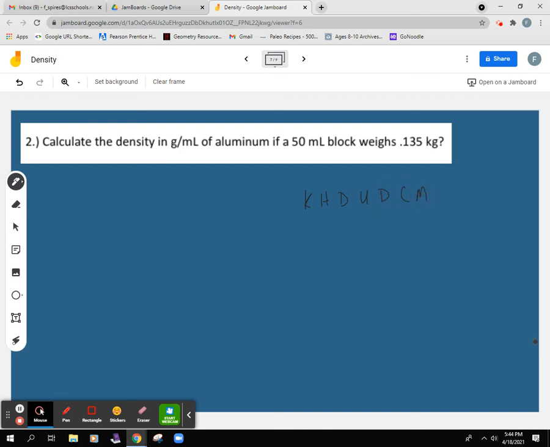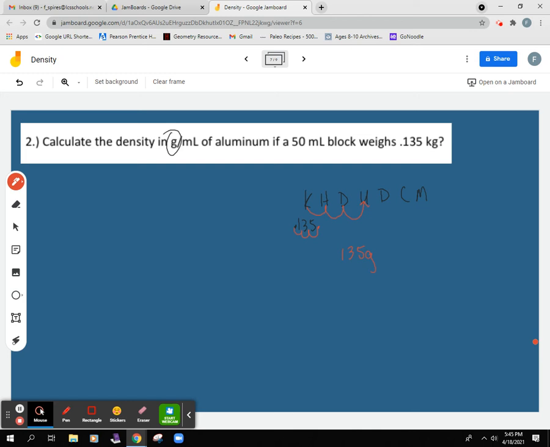I'm going to take these kilograms, 0.135, and convert them to grams. I'm going to count: 1, 2, 3 to the right. So 0.135 kilograms is 135 grams.